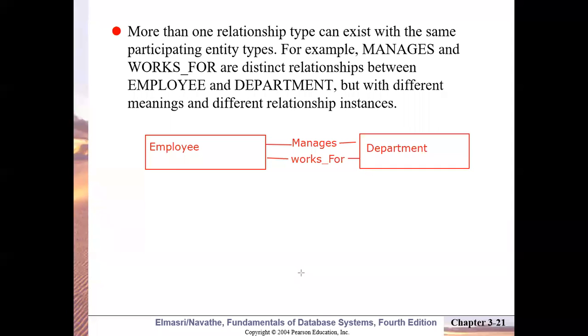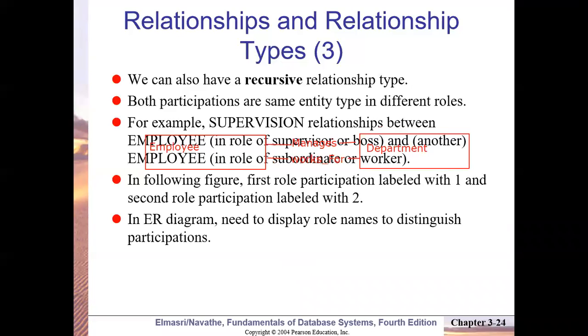Now let's go ahead. There is one more relationship type. This is a little complex, so all of you pay attention. We can have a recursive relationship. The term recursion you have already heard before. Can you define the term recursion?